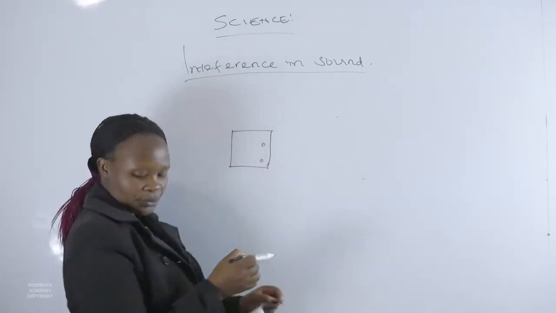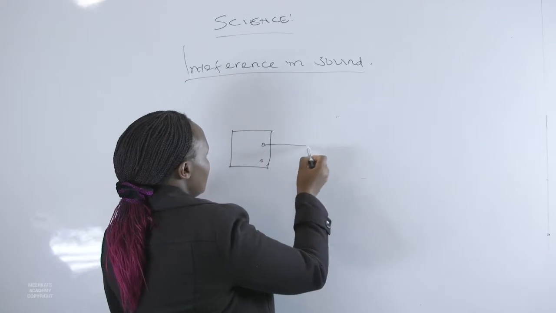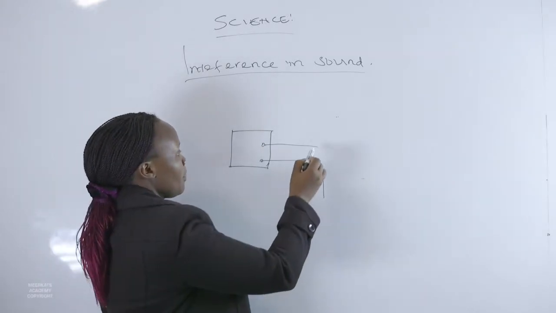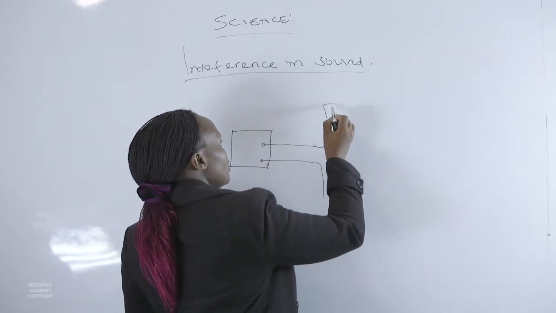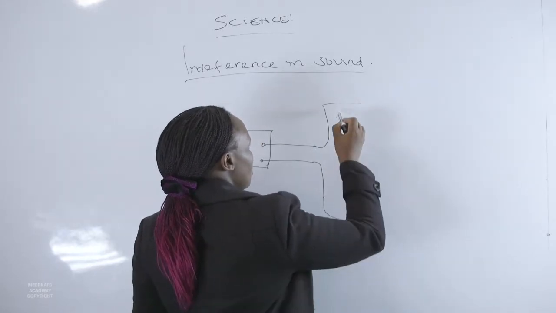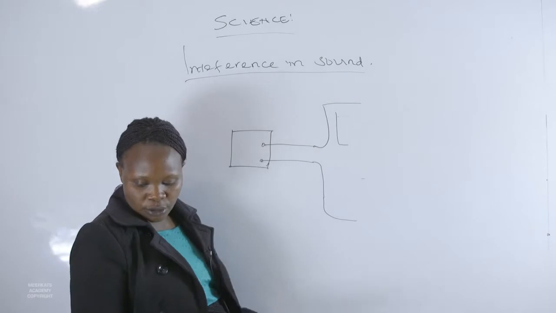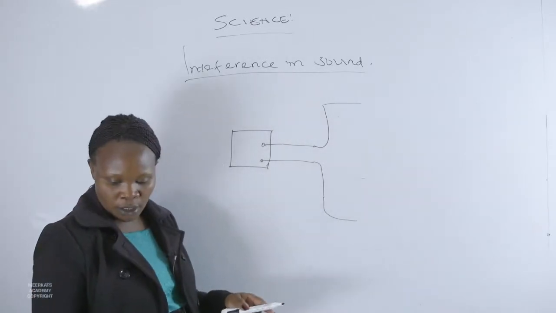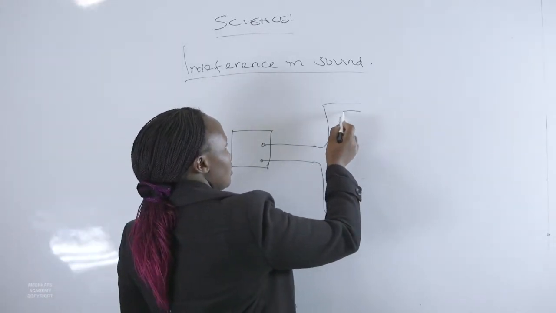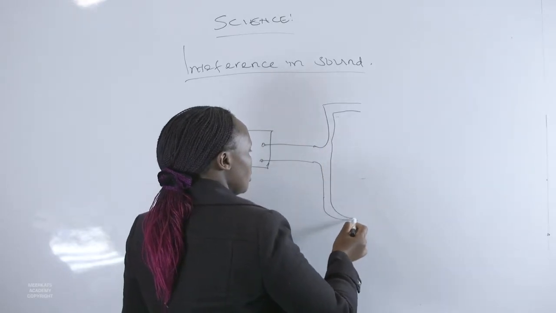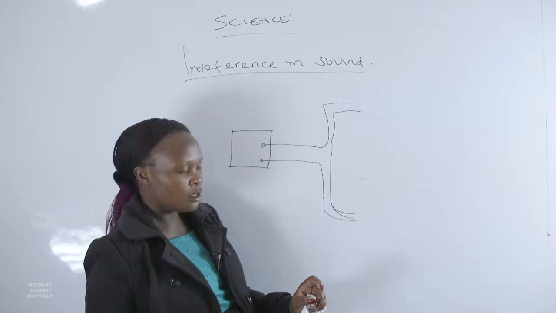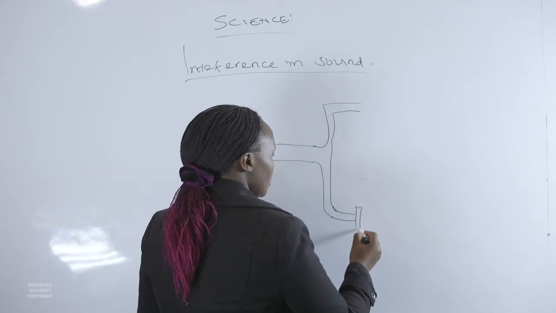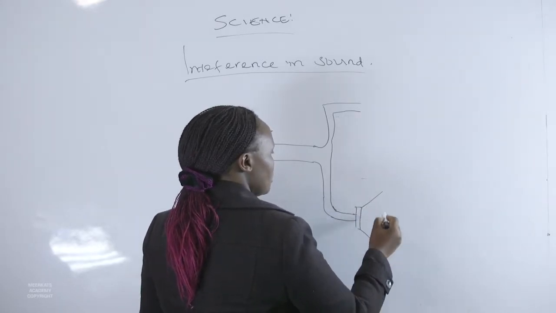In that case, we are going to look at two speakers, which we are going to call A and B. We are going to connect the two speakers to an audio frequency generator so that we have something like this.